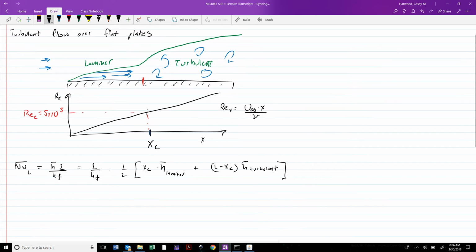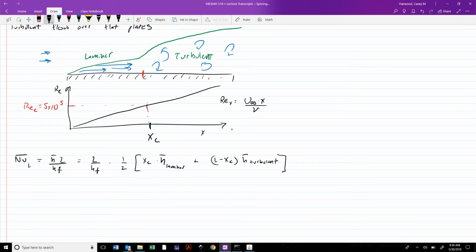The nice thing is that people have already gone through the math and given us an expression: the Nusselt number based on L is equal to (0.037 Re_x to the 4/5 power minus A) times Prandtl number to the 1/3.